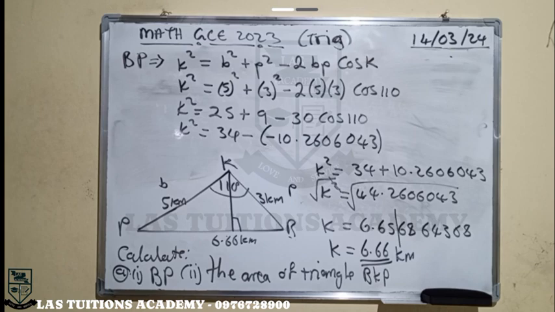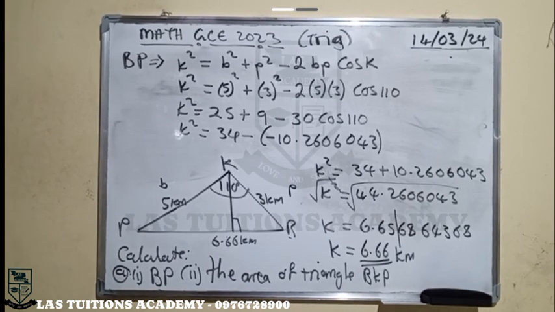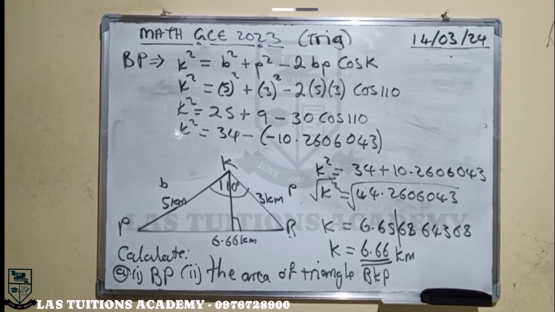Sir, I'm confused on those numbers. Which numbers? 34 plus 10.260643. Where did you find those numbers?